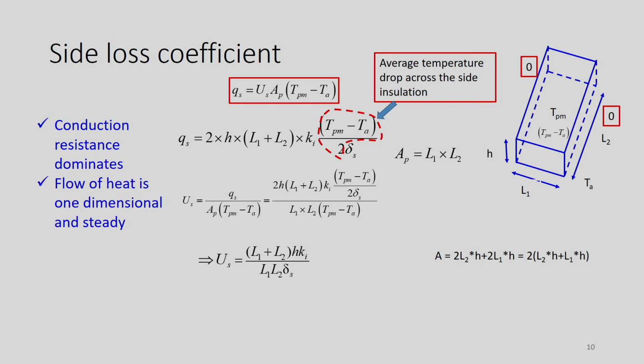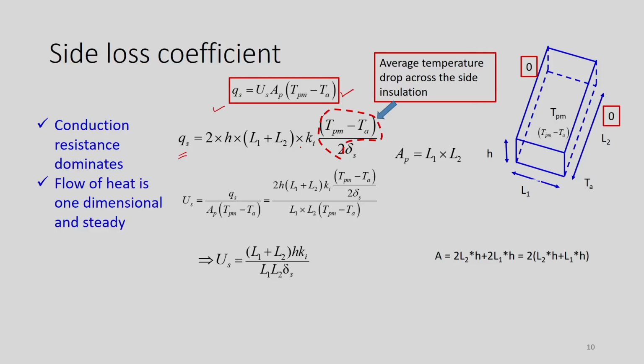So, let us learn how to calculate the side loss coefficient. The side loss coefficient is estimated based on convection and conduction heat transfer, considering both conduction and convective heat transfer.